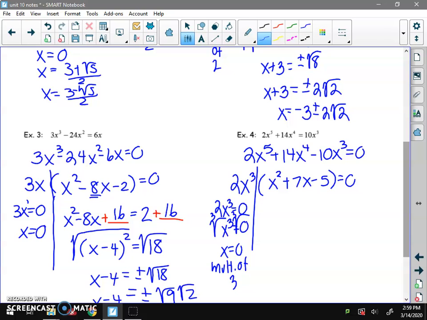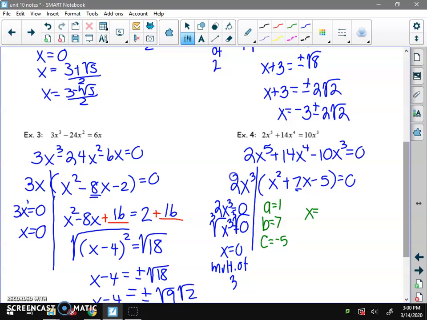On this side, again, it won't factor. That's the whole point of today's lesson. Because this is a 7, I don't think doing complete the square would be a great idea. So let's do the quadratic formula. A equals 1, B equals 7, C equals negative 5.